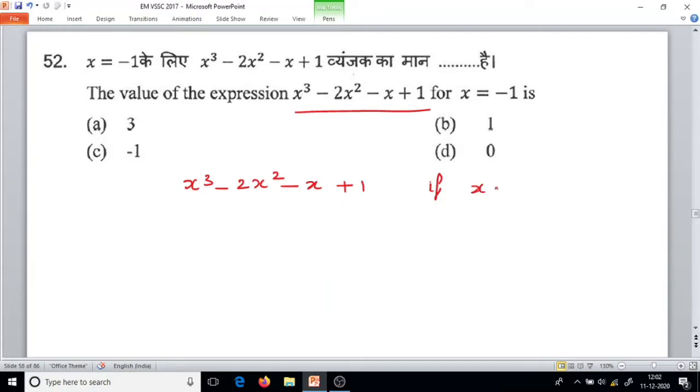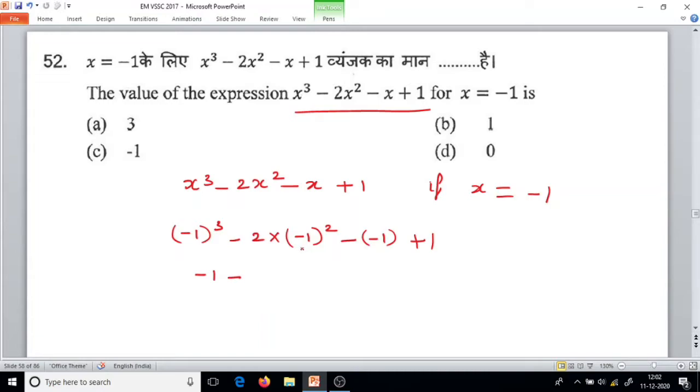When you put x equal to minus 1, what is the value of this expression? That is the question. So (minus 1) to the power cube minus 2 multiplied by (minus 1) square minus (minus 1) plus 1. Let me simplify this.